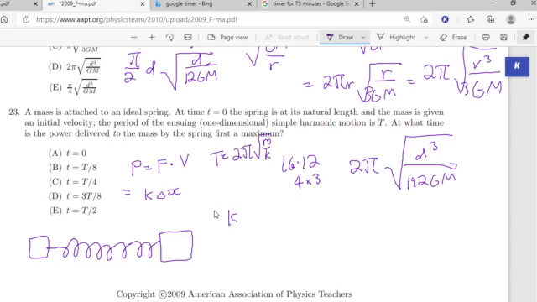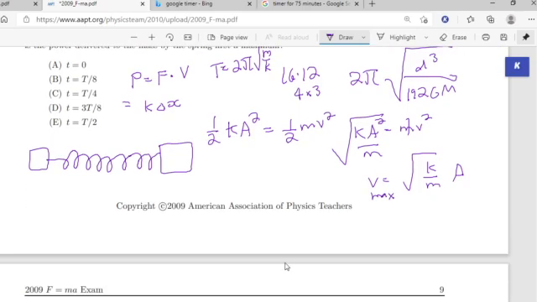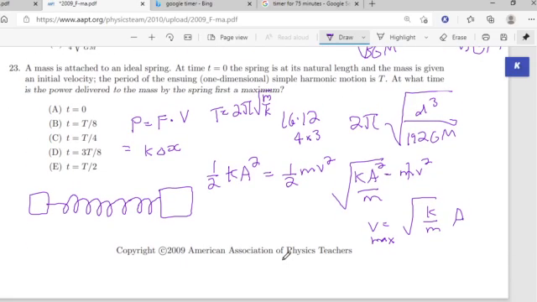Actually, let's see if we can find the velocity in terms of the amplitude. So 1/2 k A squared is equal to 1/2 m v squared. k A squared is equal to m v squared. So v max is equal to root k over m times A. Okay, so you can plug this in.